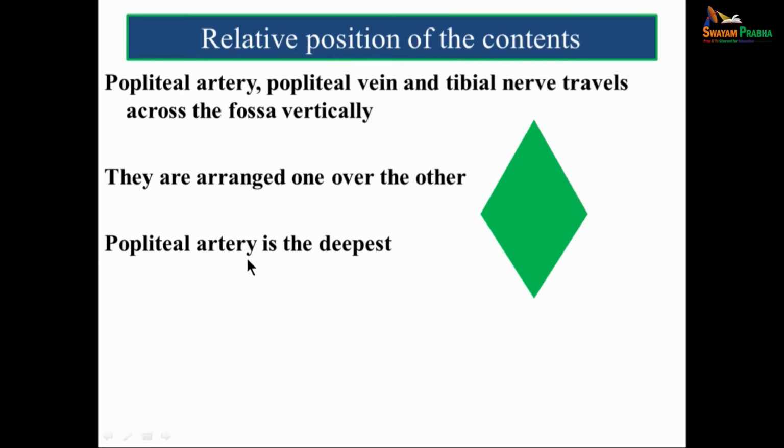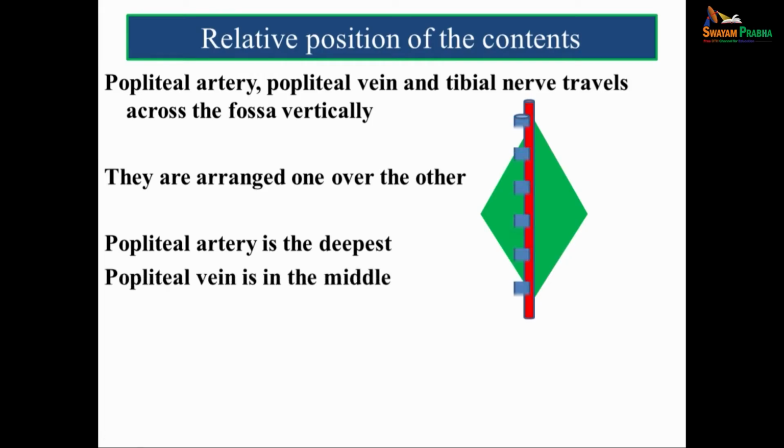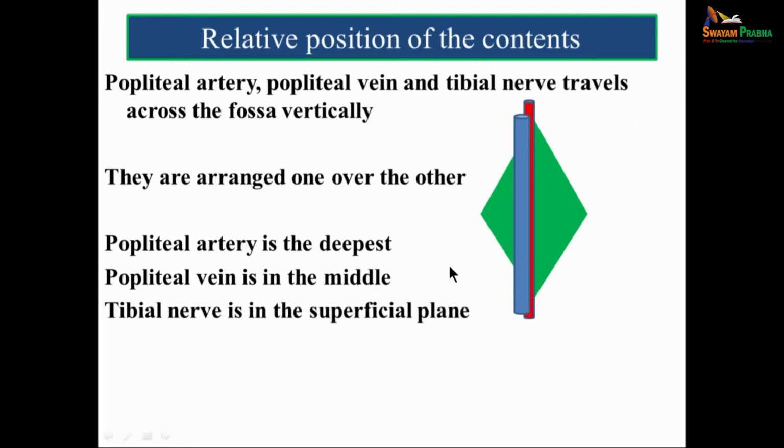The popliteal artery is the deepest. This is the popliteal artery, which is the deepest. Then the popliteal vein is in the middle, and the tibial nerve is lying in a more superficial plane.